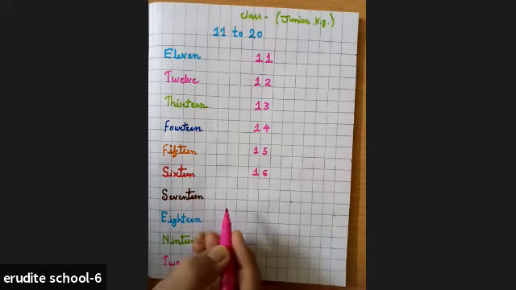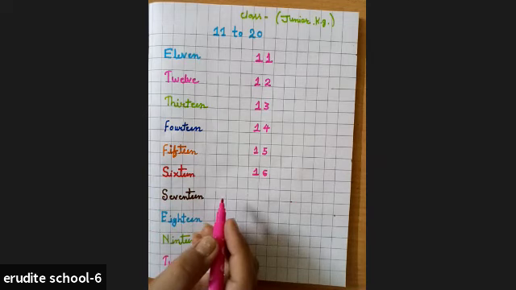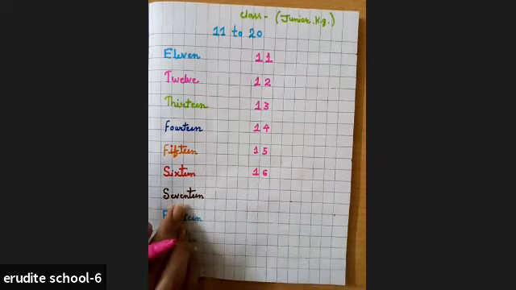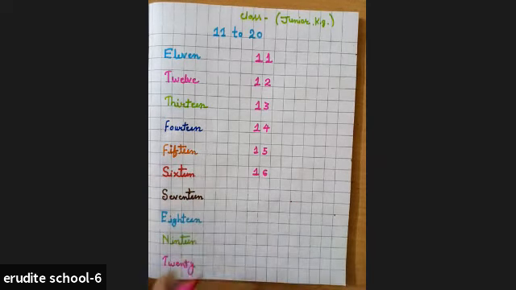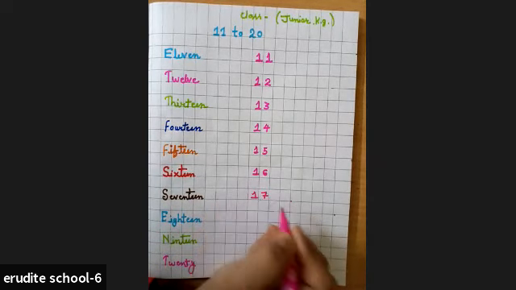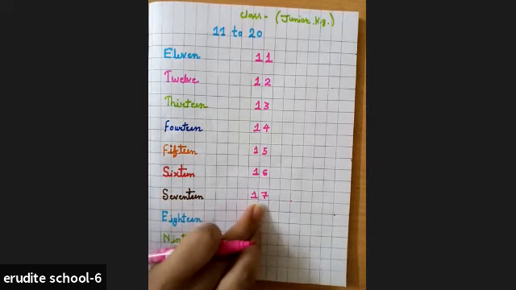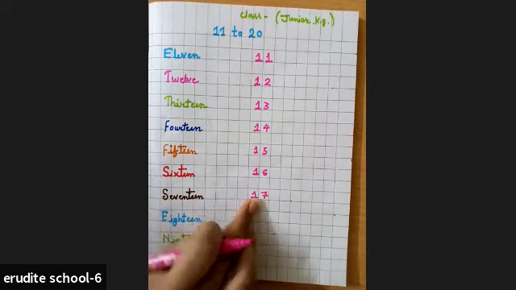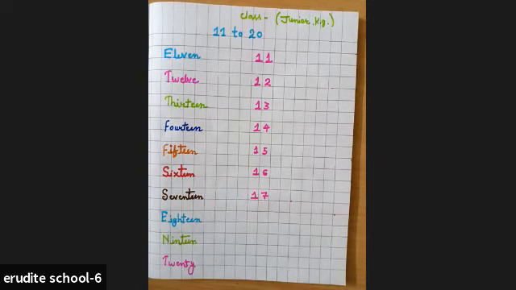Okay. And now next number, 17. Okay. 1, 7, 17. Spelling of 17. S E V E N T E E N. 17.